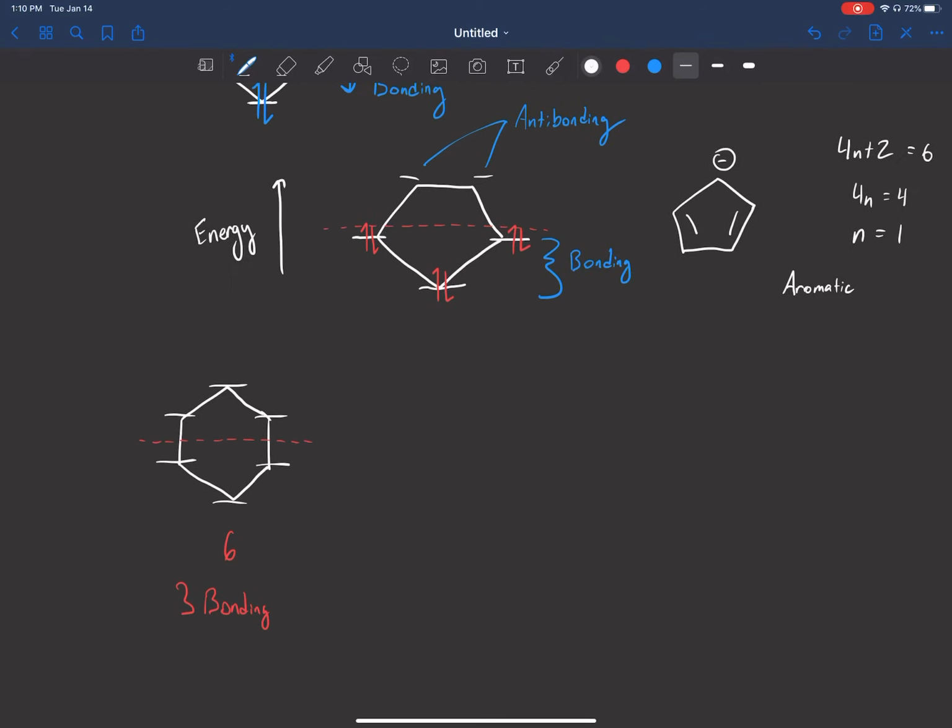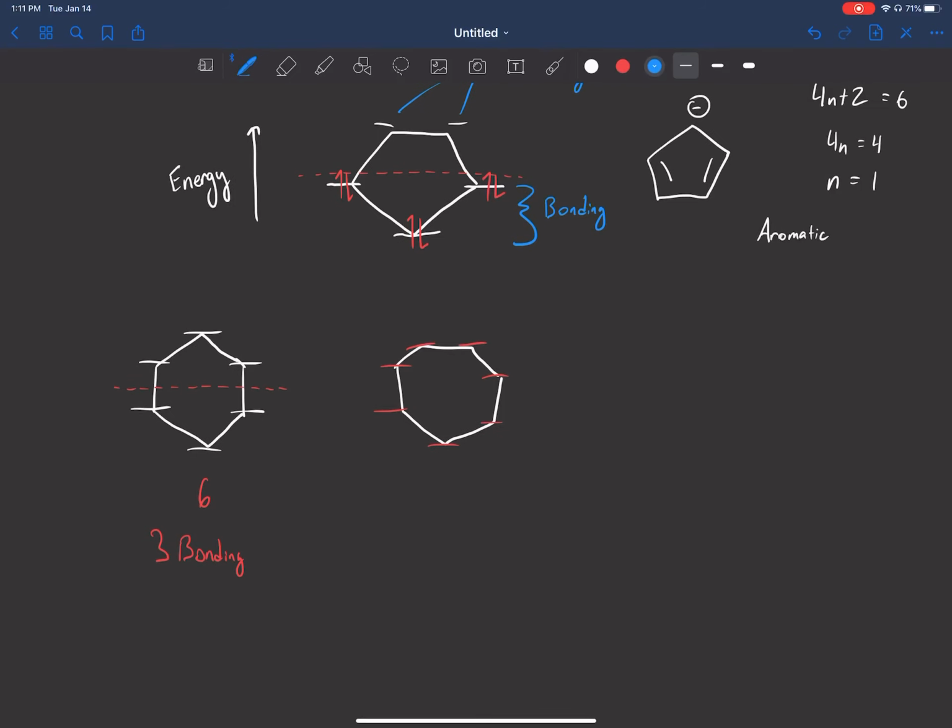We can do 7-member rings, a little bit trickier to draw. I'm not that great at drawing 7-member rings, but maybe if I draw on those orbitals, it'll be easier to see. So you see that dashed line would end up going over here.